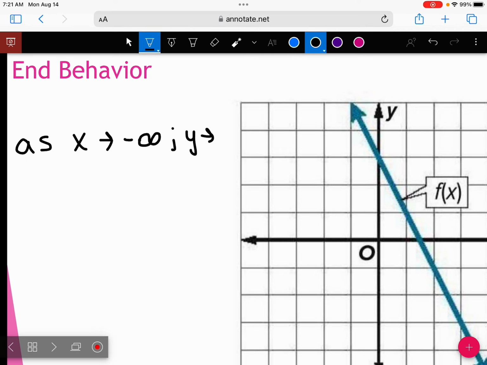So as x approaches negative infinity, meaning as x goes lefty, lefty, lefty, which way is my y going? Up or down? Up. Is up positive or is up negative? Positive. So as x approaches negative infinity, y approaches positive infinity. Fancy math talk for left arrow up.